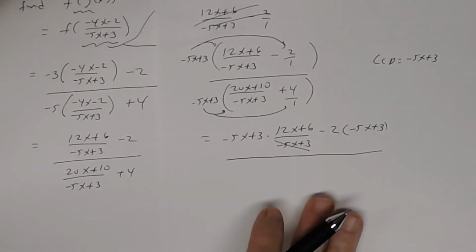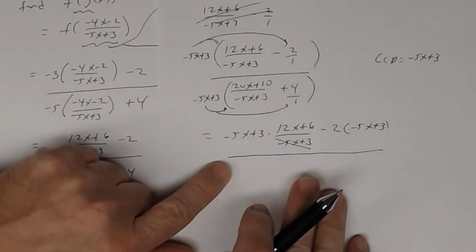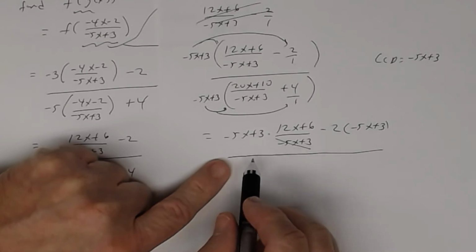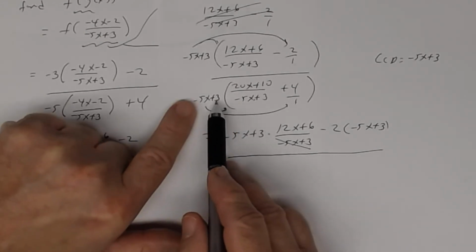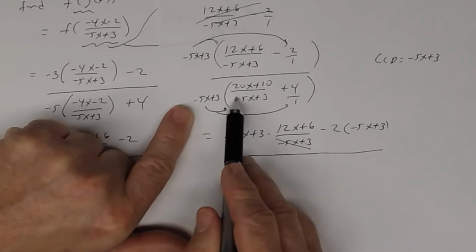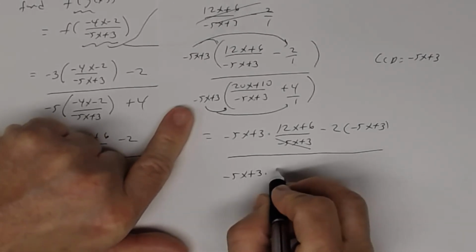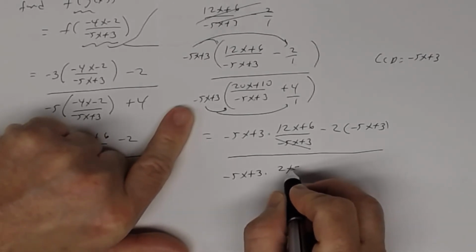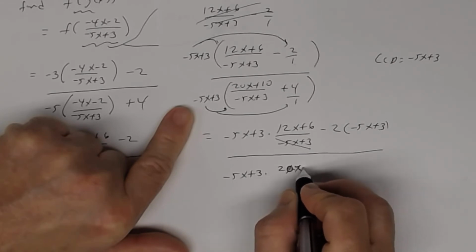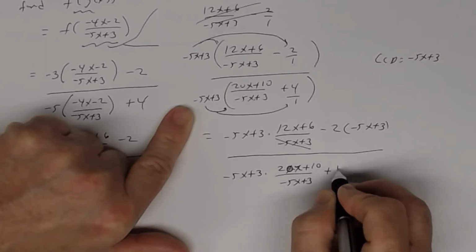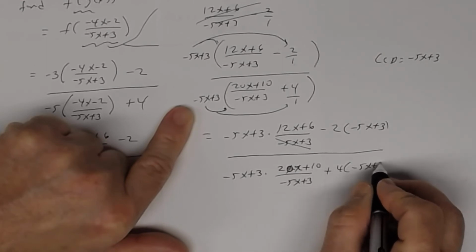So it's a lot of work you have to do, right? But you can do this because you have enough knowledge from previous courses to do this. So we can do the same thing here. So this times this first fraction, so negative 5x plus 3 times 20x plus 10 divided by negative 5x plus 3 plus 4 times negative 5x plus 3.